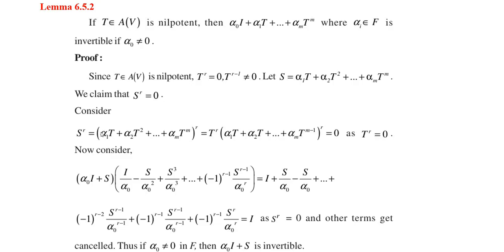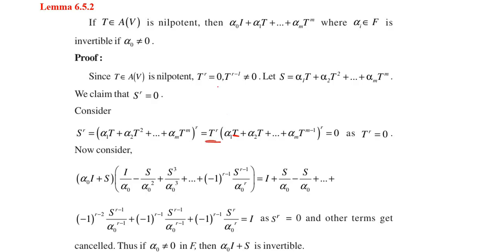So you consider S power r, and in all this T is common. So when we take it out, T power r, this is what we have: alpha 1 I, T power r, T is taken out, so it is not T, it is I. Then alpha 2 T and so on, up to alpha m T power m minus 1, all raised to the power r.